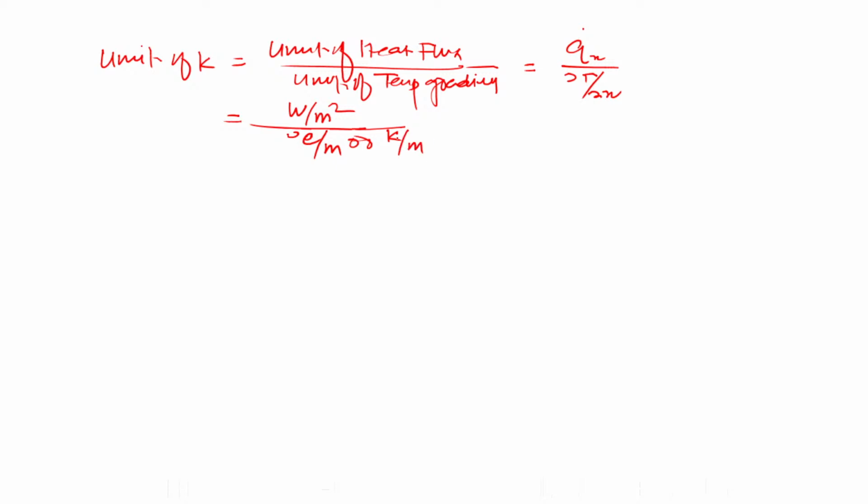Difference in Celsius and Kelvin remains the same, be careful. Difference in Celsius and Kelvin is the same, that's why it doesn't matter. If you solve, it is watt per meter per Kelvin or watt per meter per degree Celsius. Here, these are the units of K in SI system.